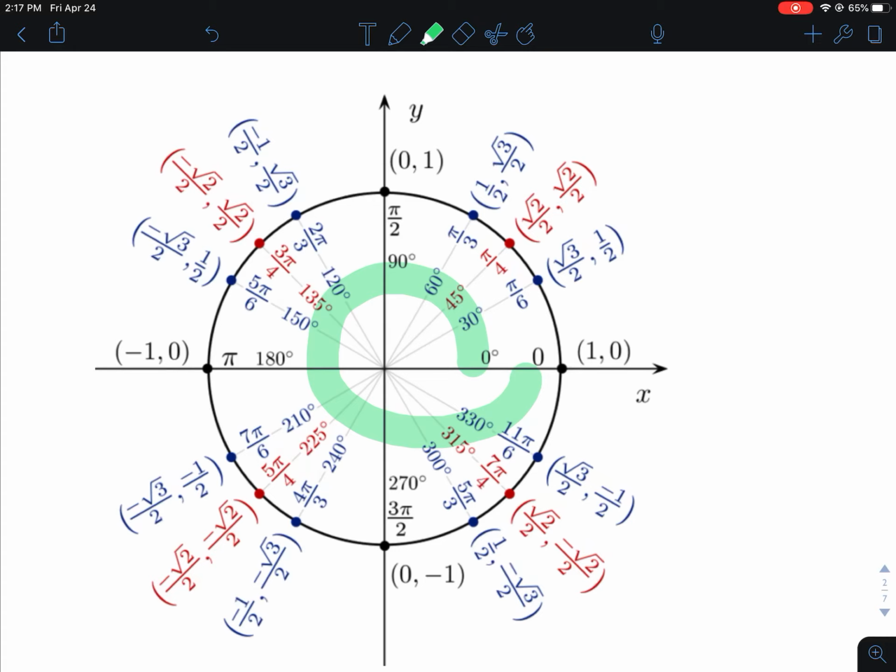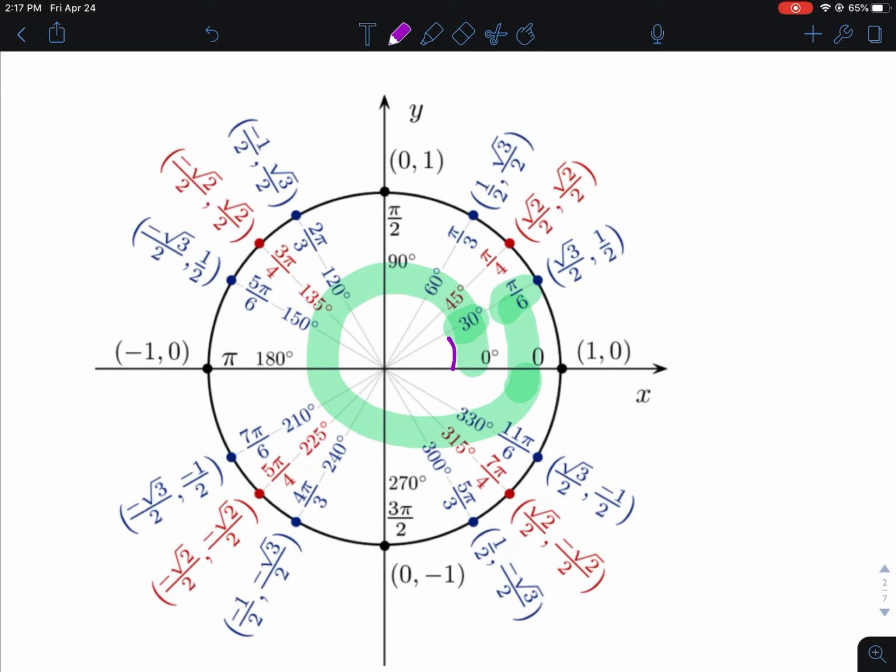Once we go past 360 degrees, let's say 390, well, that's a full circle plus 30, we'd end up here. And so the values for 30 degrees and the values for 390 degrees, those are the same values. If you remember, we call those coterminal angles, angles that begin and end in the same place.